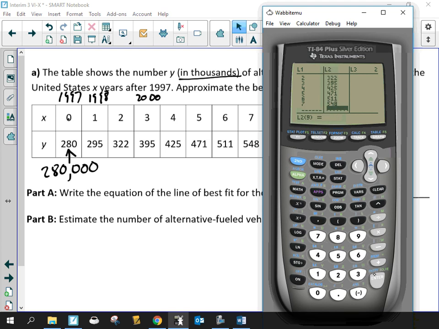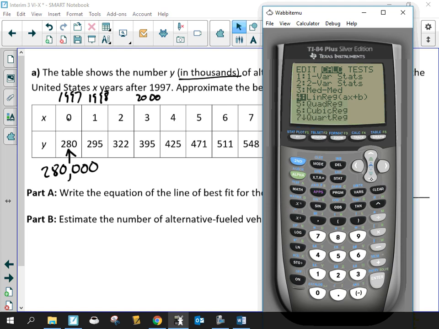So how do we find the equation of the line of best fit? We hit the stat button, go over to calc and choose the linear regression. X's are in L1. Yep. Y's are in L2. We're good. And so we will just go ahead here and click calculate.